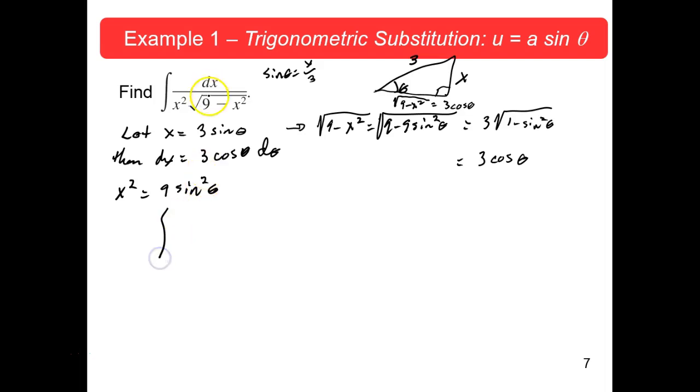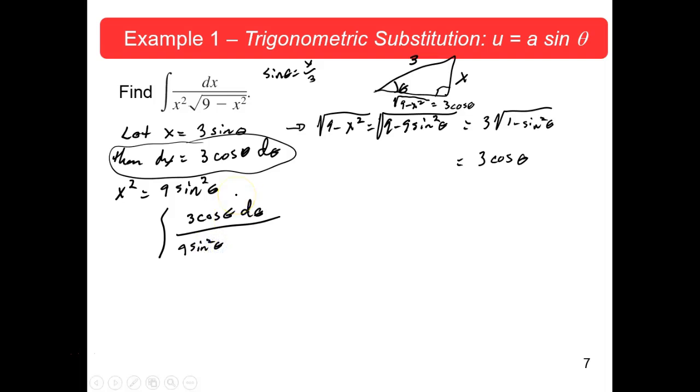The integral, what was your dx? Three cosine theta d theta over, what was your x squared? 9 sine squared theta. And what was your 9 minus x squared? 3 cosine theta.